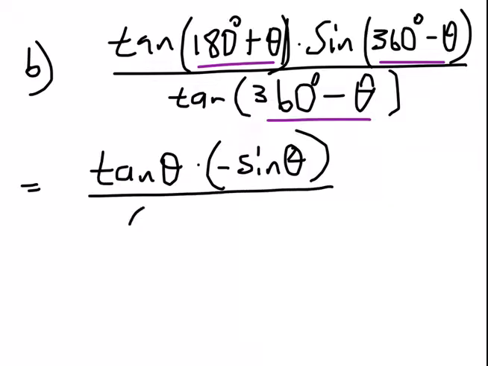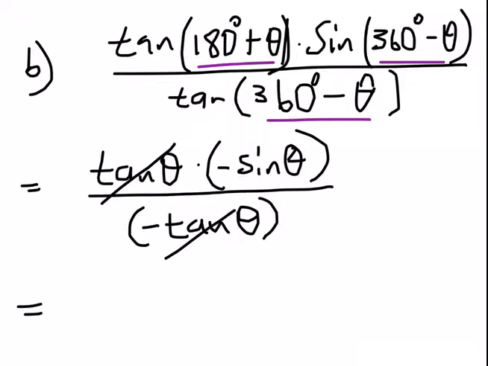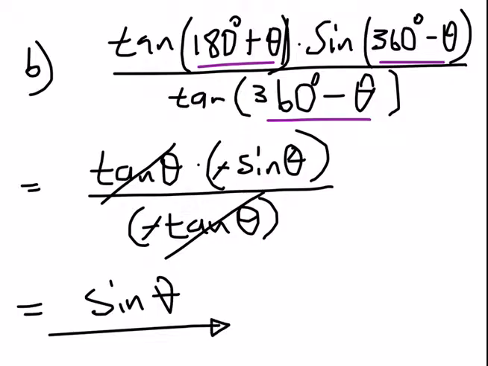Then even this one, put it inside the bracket as negative tan of an angle. Then it looks like we are getting somewhere, because that cancels with that, sine cancels with that, and you just remain with sine of an angle, and that is the end of it.